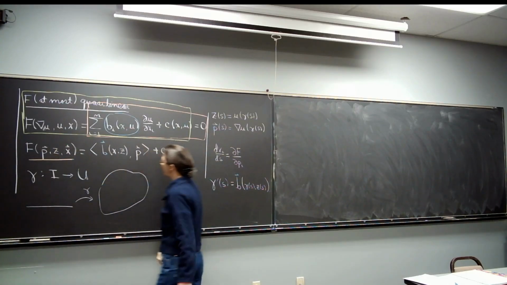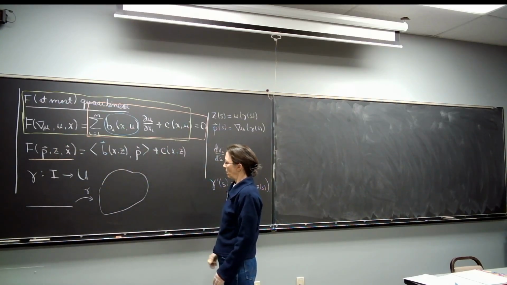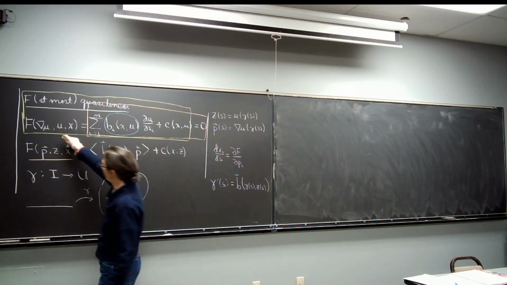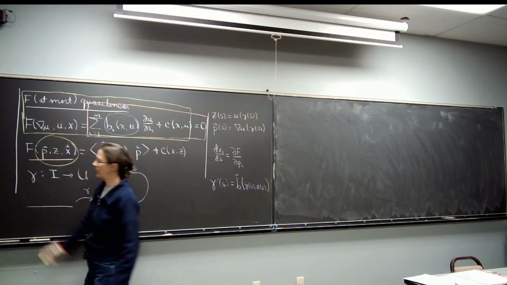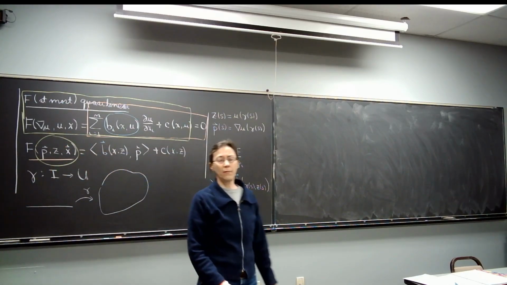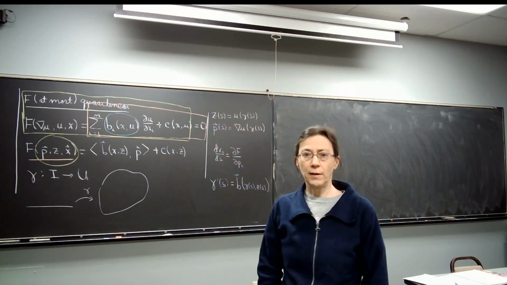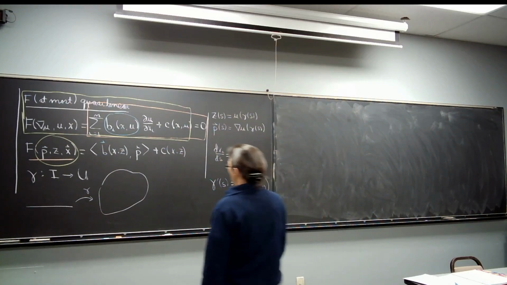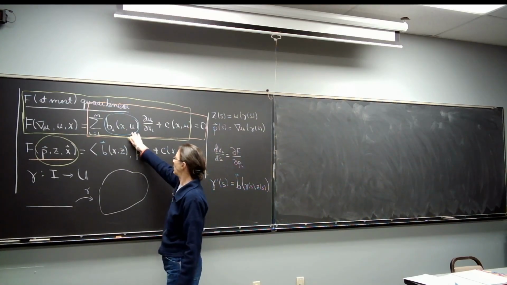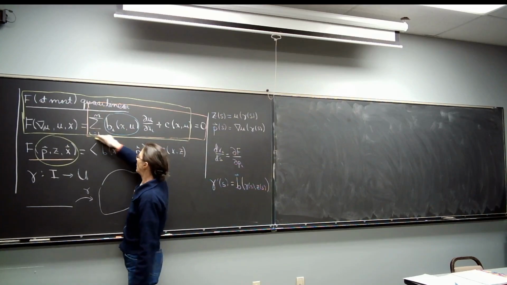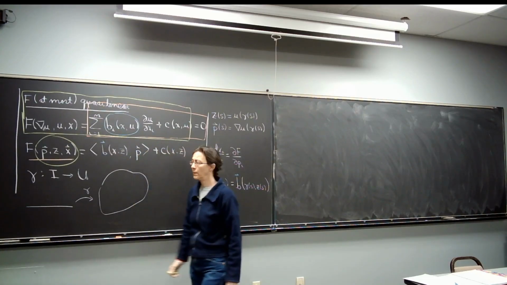This is f. Okay, so now my first step is I identify what is f as a function of those newly invented independent variables. And I've done that while at the same time recognizing this as an inner product.